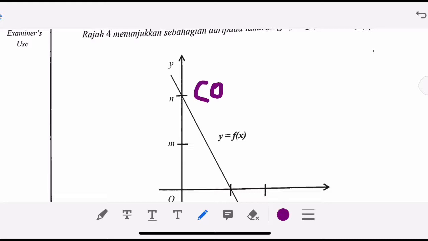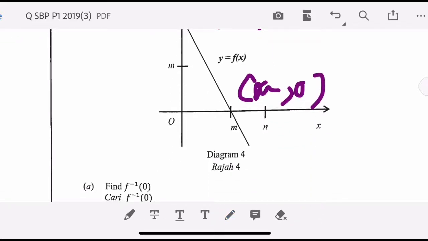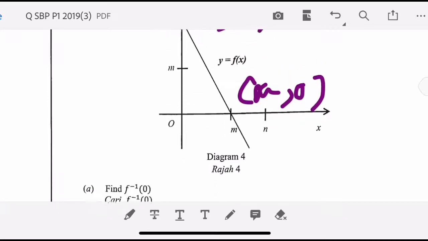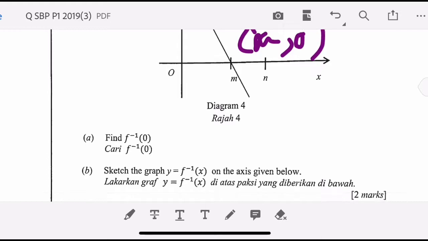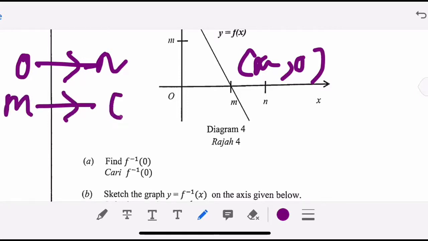For this question, they are actually giving you a graph of a function. So the first step, you just label your x and y for the 2 points. So you have (0, n) and (m, 0). Then you just draw an arrow diagram. For a function, x is the object and y is the image. So 0 maps to n, and m maps to 0.